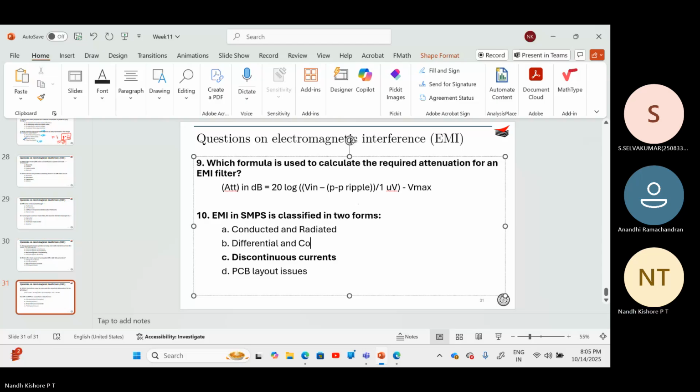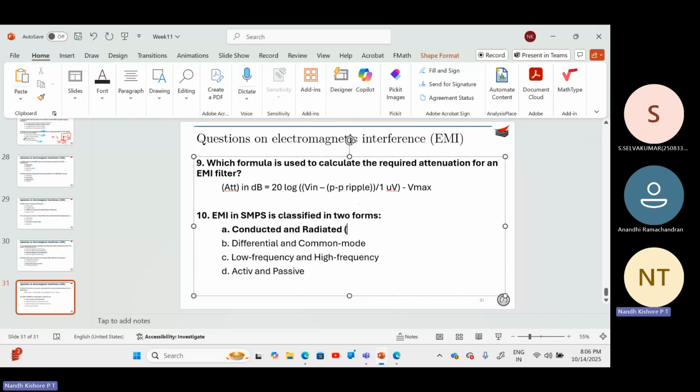Differential and common mode. Low frequency and high frequency. Active and passive. So what is the answer for this?